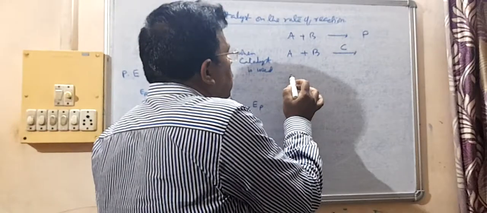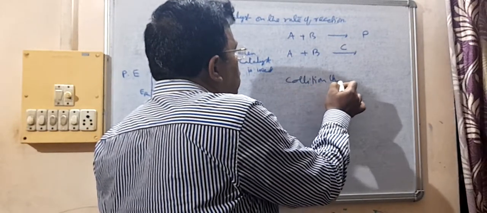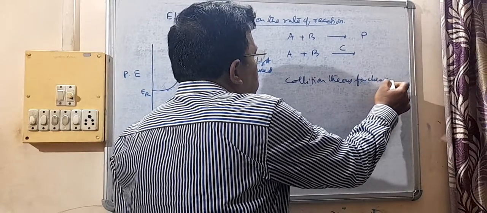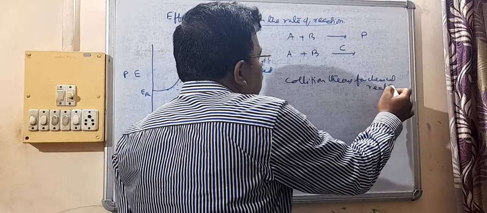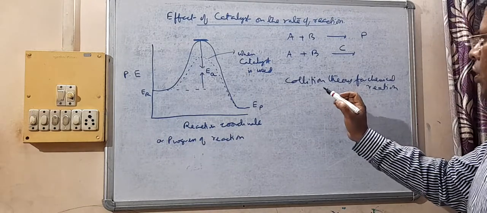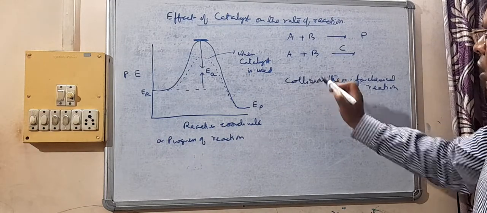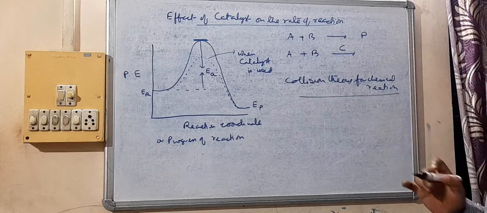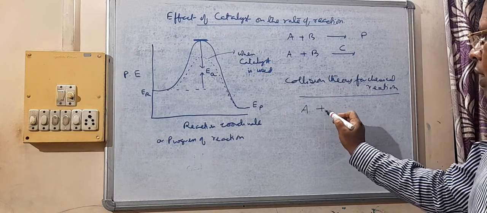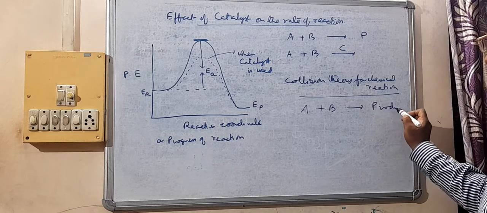Okay, now collision theory for chemical reaction. Suppose we have A plus B forming products.